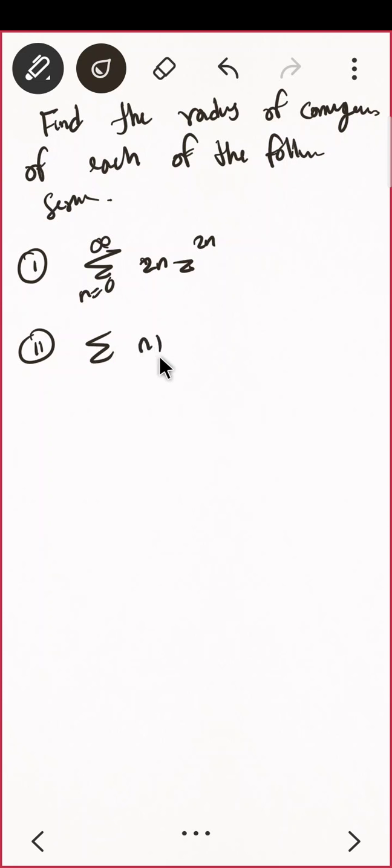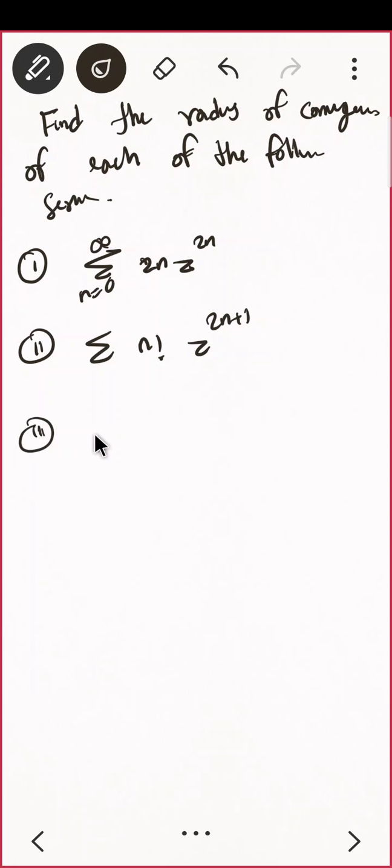See, the first one: summation n equal to 0 to infinity, 2n z raised to 2n. Z raised to 2n only. Second, summation n factorial z raised to 2n plus 1.